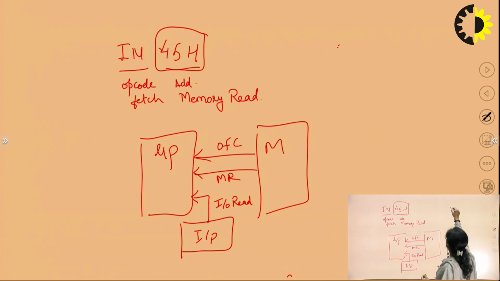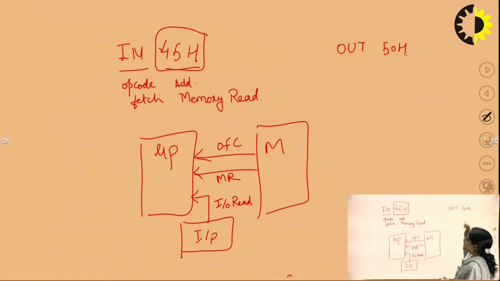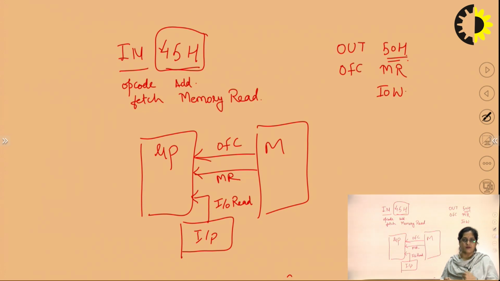Similarly, in case of OUT 50H, it is a write operation that is going to be performed, and the write operation is with an output device. Again the first will be opcode fetch machine cycle, then memory read cycle, so microprocessor reads this address, and the third cycle is IO write. So in case of IO write or IO read, the only difference is that the IO/M bar signal will be high. The rest of the thing is the same as memory read or memory write cycle.